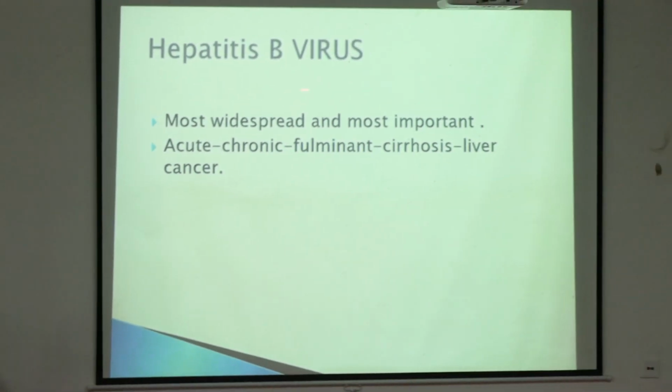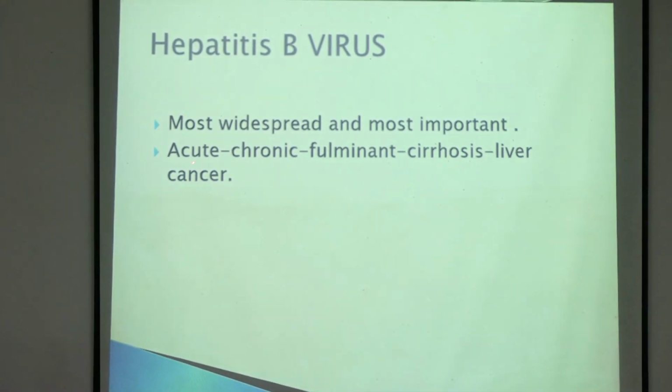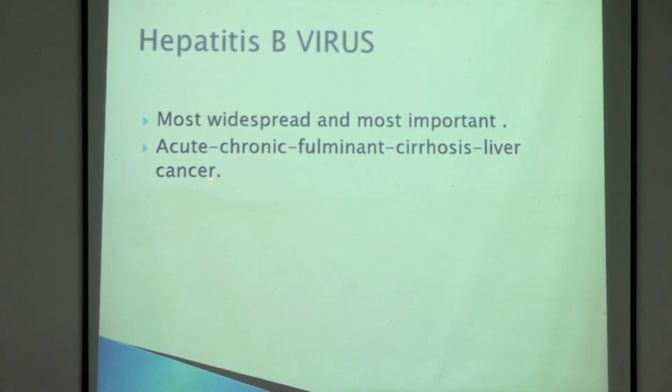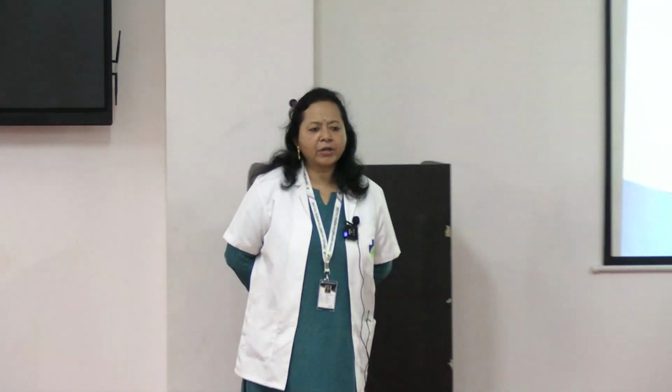Hepatitis B virus is the most widespread and most important. It can cause acute infection, chronic infection, fulminant infection, also cirrhosis and liver cancer. This viral infection can lead to chronic infection. It's not that the patient has the infection and then is cured.